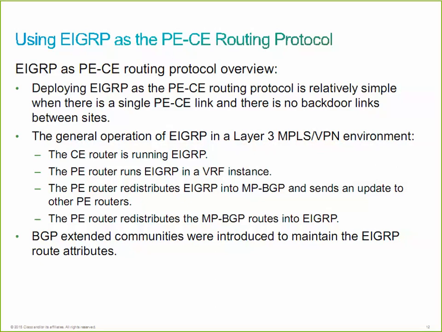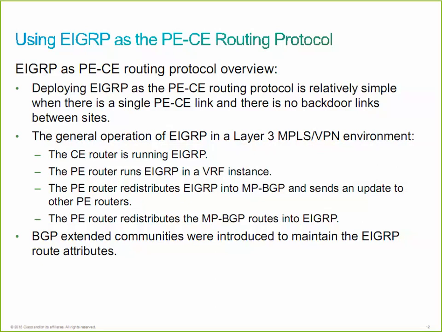So there is a process of redistribution that has to take place, right? Redistributing the routes from BGP into EIGRP makes all of those routes external, right? Because whenever I redistribute into EIGRP, the AD of those routes changes to 170. They become DEX routes.